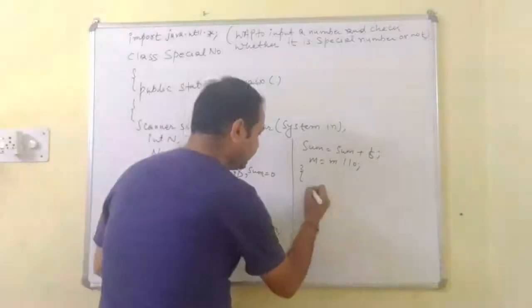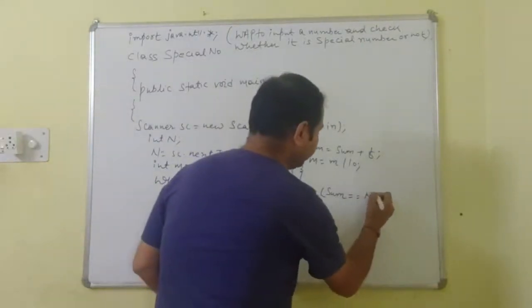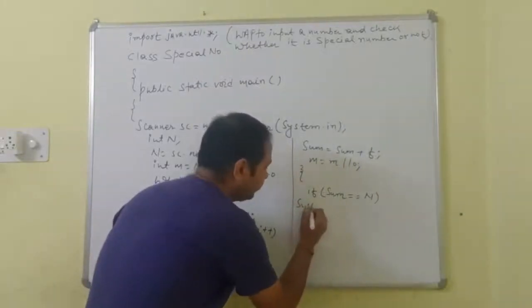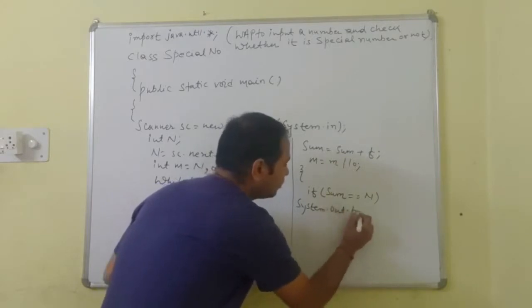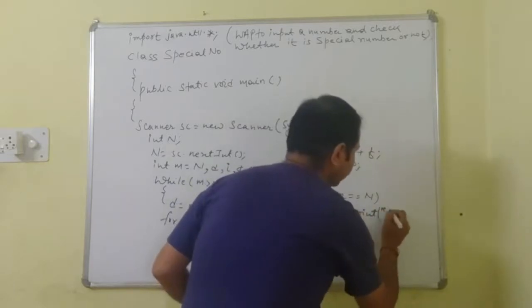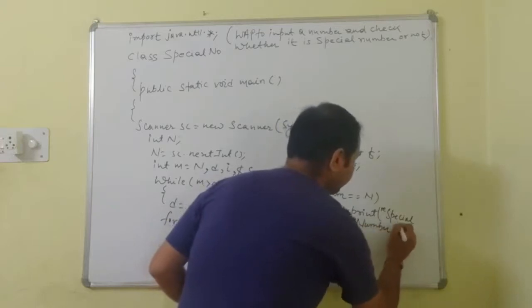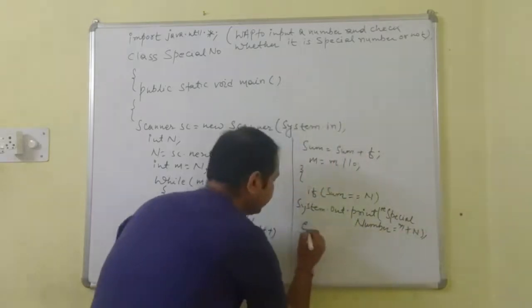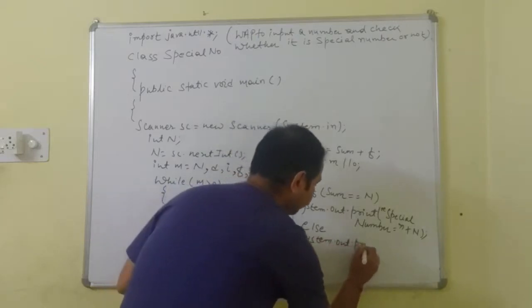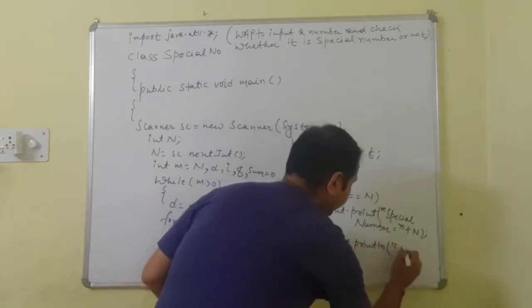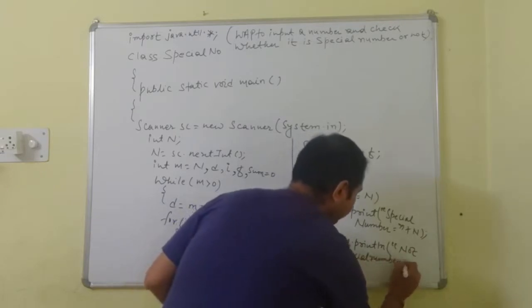Then we will write a condition: if the value of sum is equal to n, the input number, then we will print with System.out.print "special number" plus the number, equal to plus n, else System.out.print "not special number" plus n.